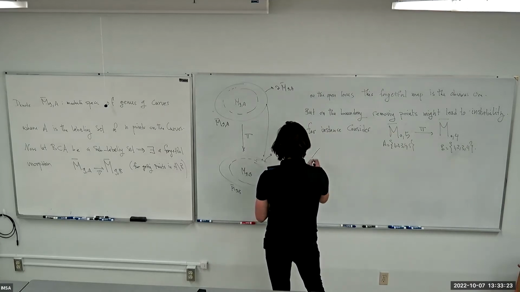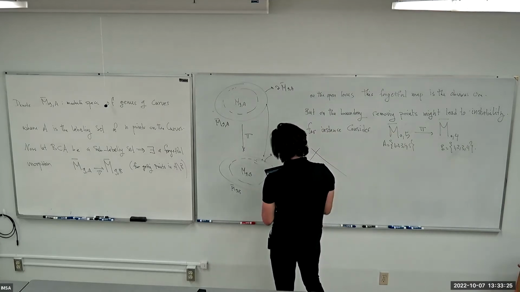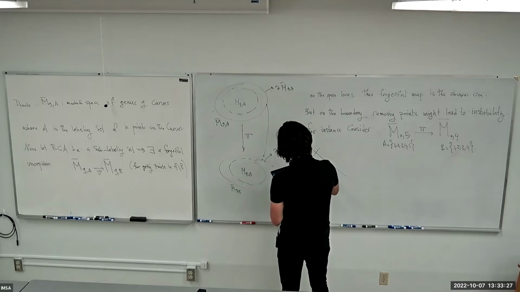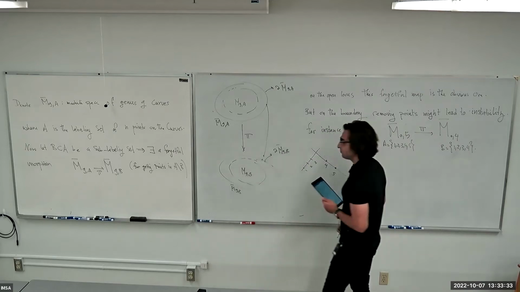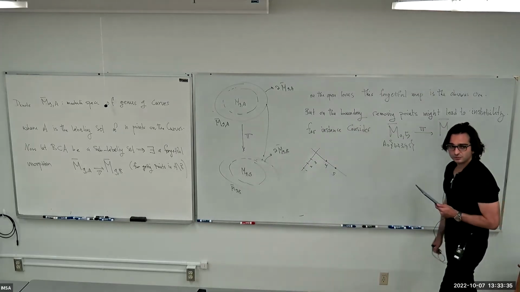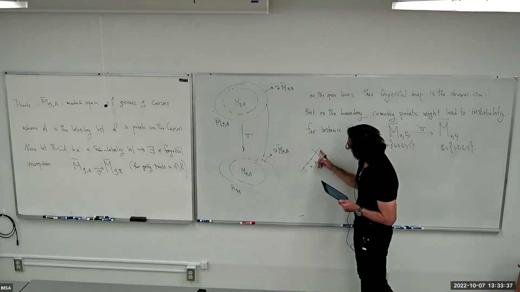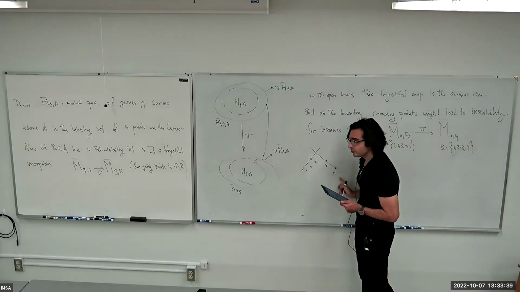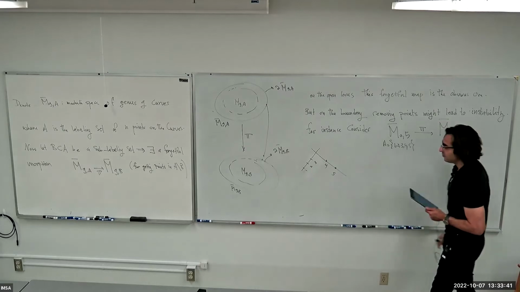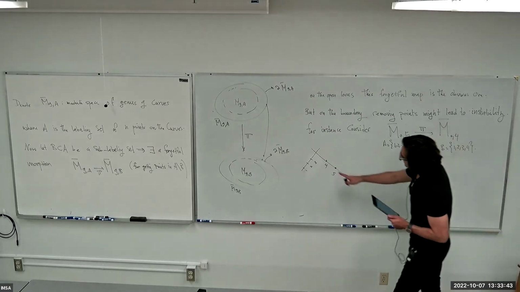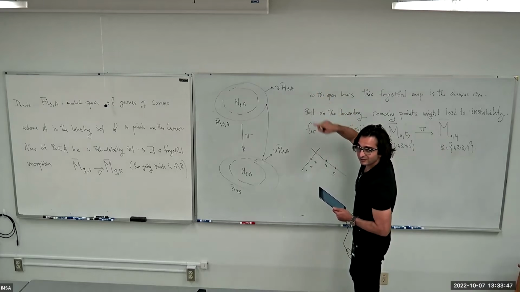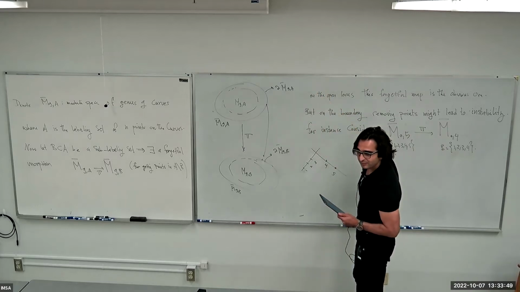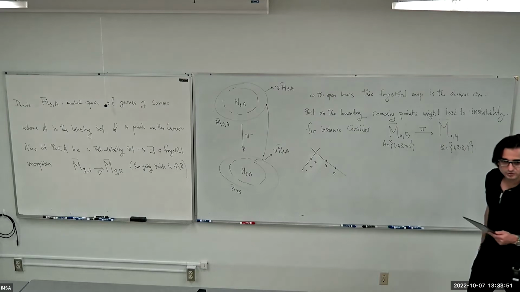I can start like this: 1, 2, 3, 4, 5. If I have two genus 0 curves meeting like this, there's at least 3 points in here, there's at least 3 points in here, the whole thing is stable, because this is singular, and after normalization, each component has the minimum number of special points on it.